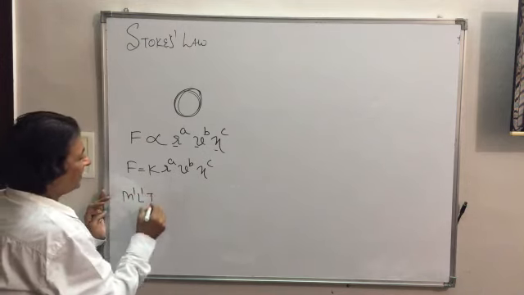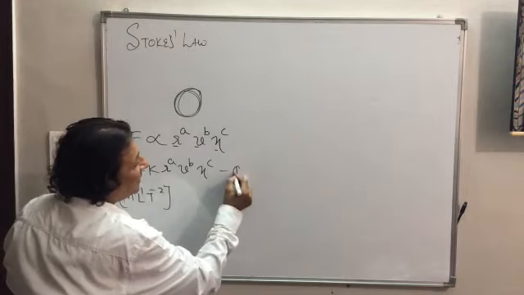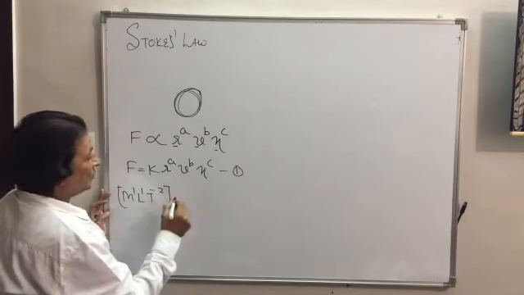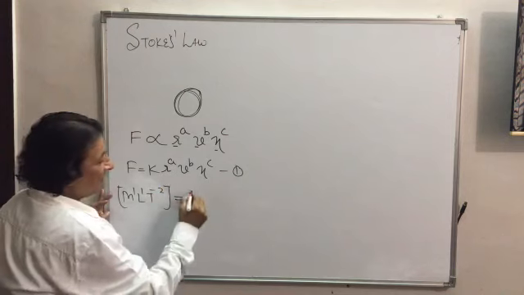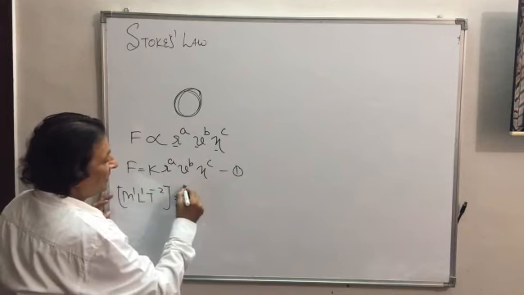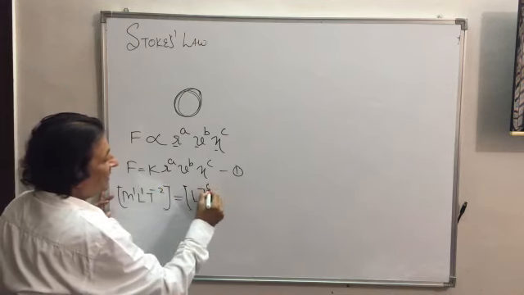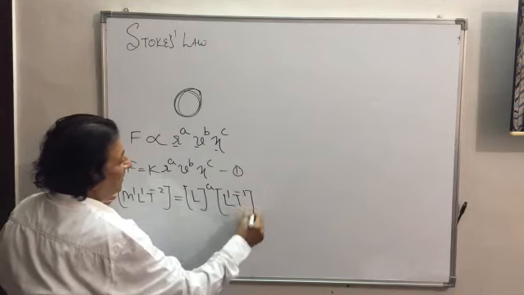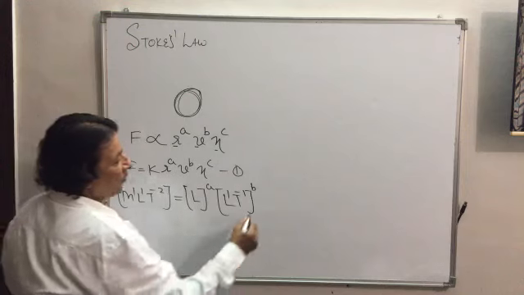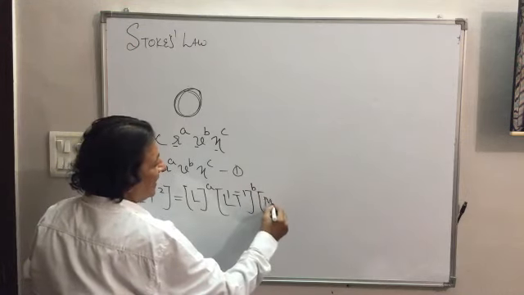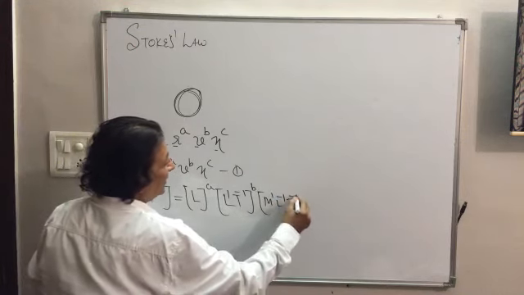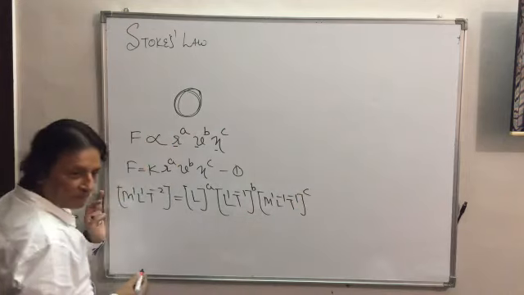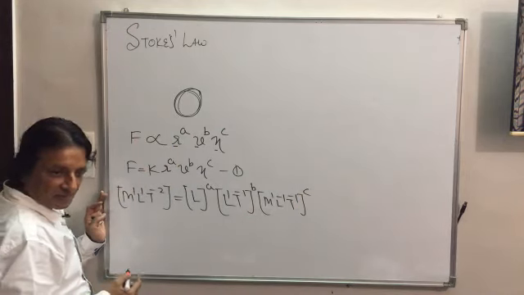What is K? K is found experimentally. What is R? That is length to the power A. What is velocity? L1 T minus 1, to the power B. What is eta? It is M1 L minus 1 T minus 1, to the power C. Okay, students?